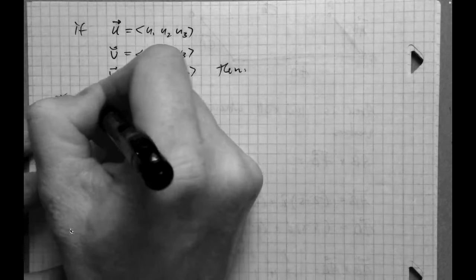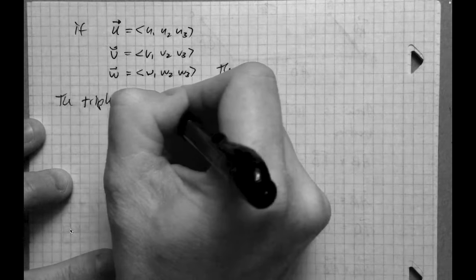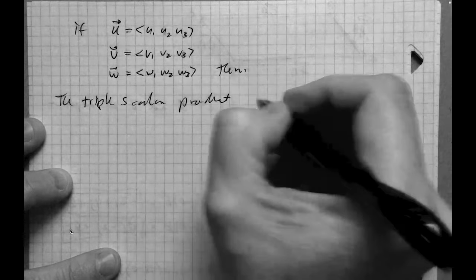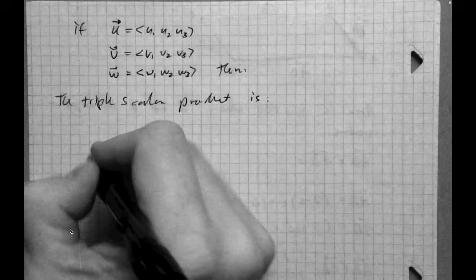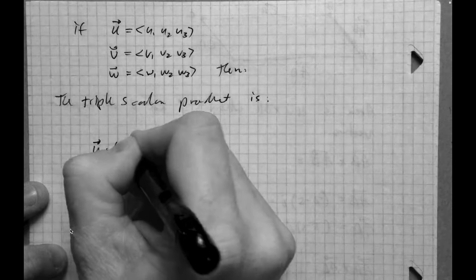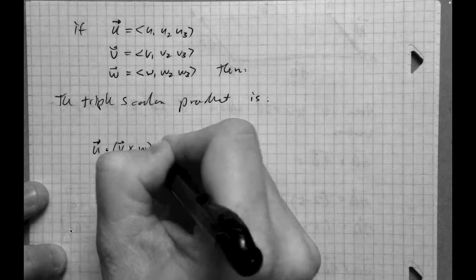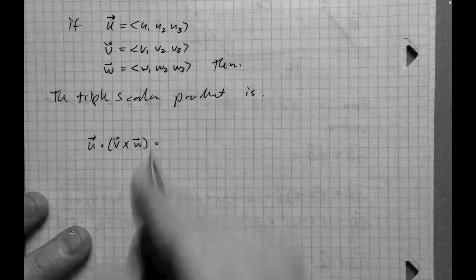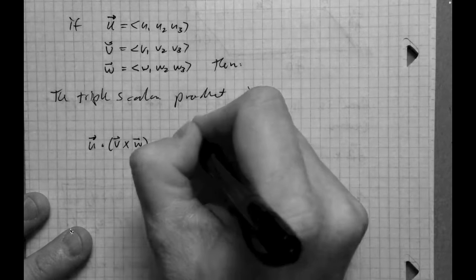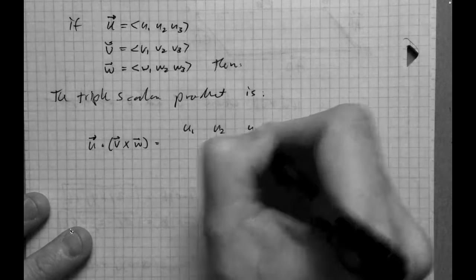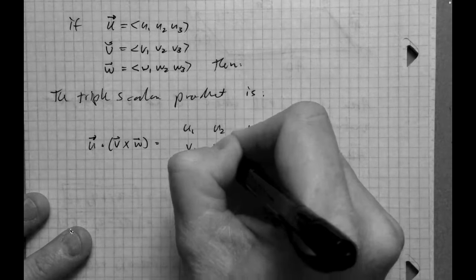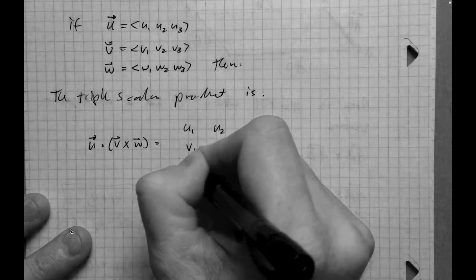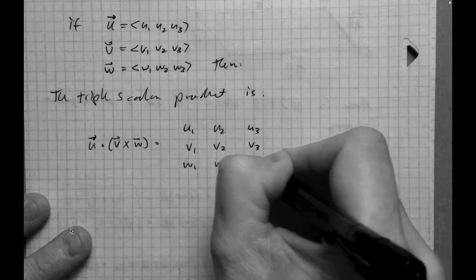Then the triple scalar product is, so you've got your u dot v cross w. So similar to the way you do the cross product, except instead of ijk, you put in u1, u2, u3. And then it's v1, v2, v3, w1, w2, w3.